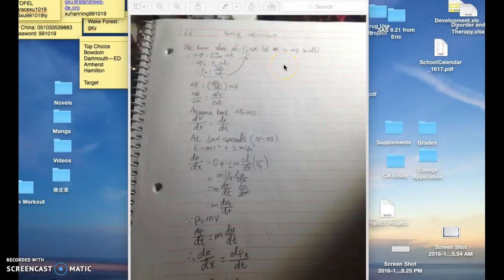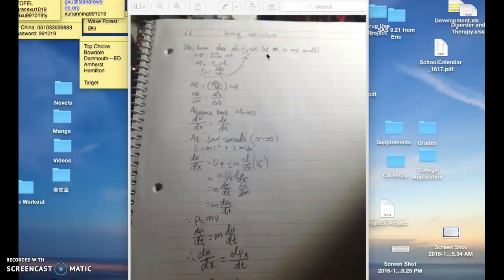I started off by using the equation delta E is equal to the x component of the force times delta x, if we assume that delta x is very small.